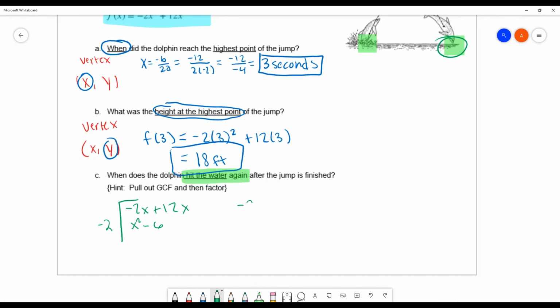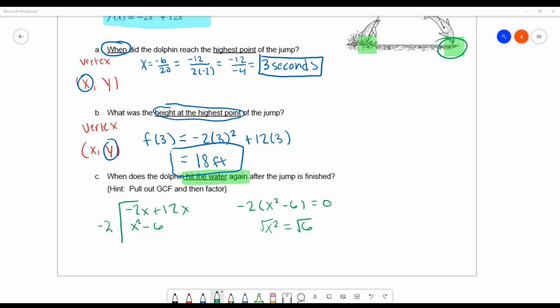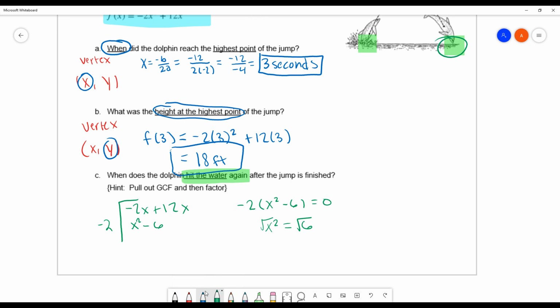So I can rewrite this as negative 2 times x squared minus 6 is equal to 0, because we're finding the zero, so we want to set it equal. If I do that, I can divide both sides by negative 2, and that's going to give me x squared equals 6. And then I can just take the square root of both sides. Oh, I made a mistake.